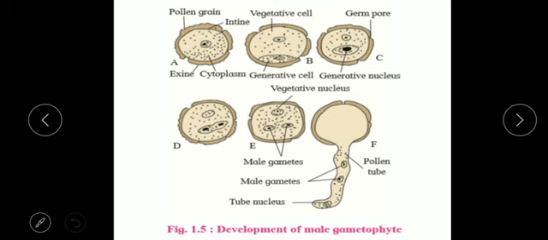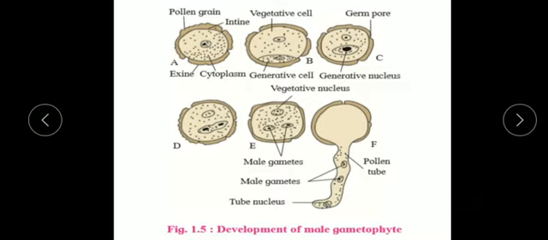If you remember the double fertilization process I explained, one of the male gametes fuses with the female gamete, the egg, to form a zygote, and the next male gamete fuses with the secondary nucleus to form the primary endosperm. In such a way the gamete formation takes place.